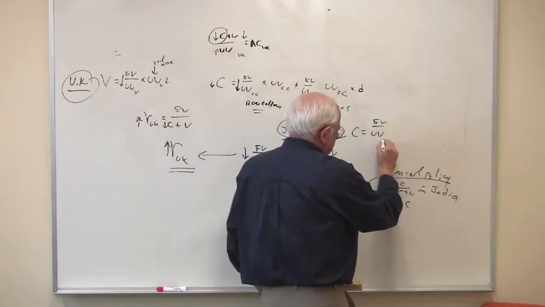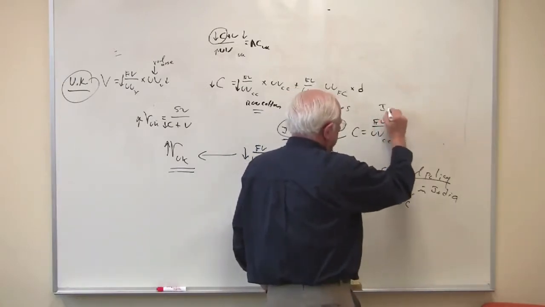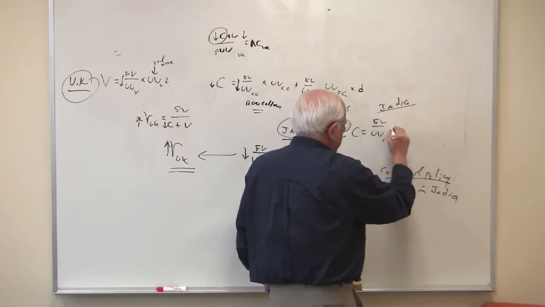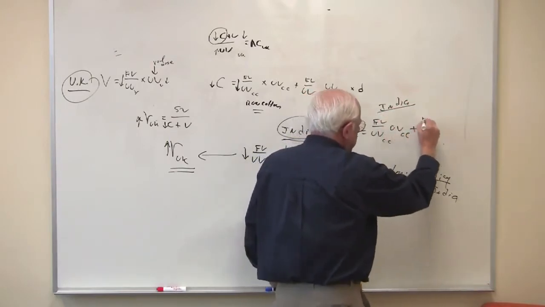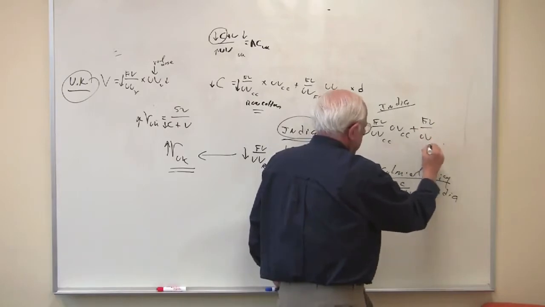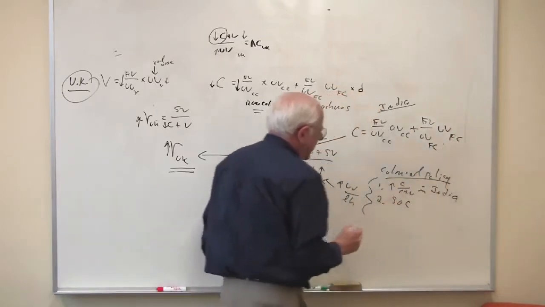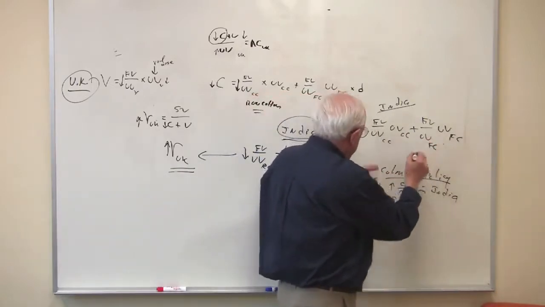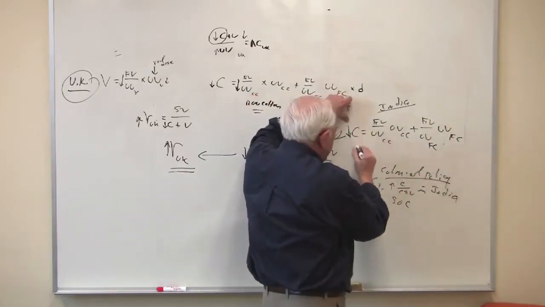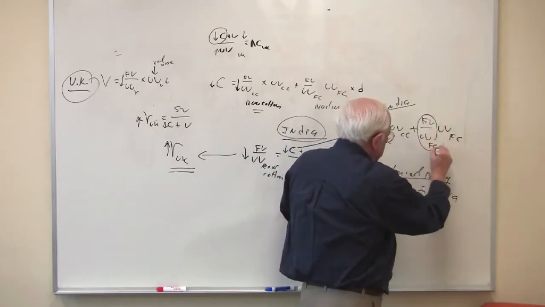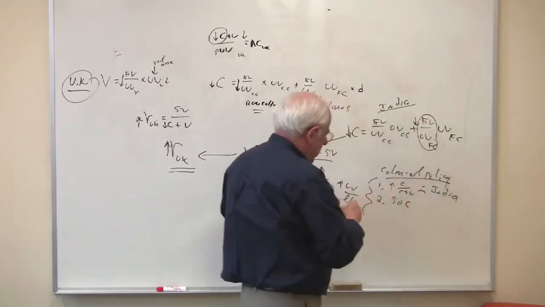This is in India, circulating capital plus fixed capital in India. Let me focus on this one here. The C may be falling in India because this component, the fixed capital, is falling. What does that mean?